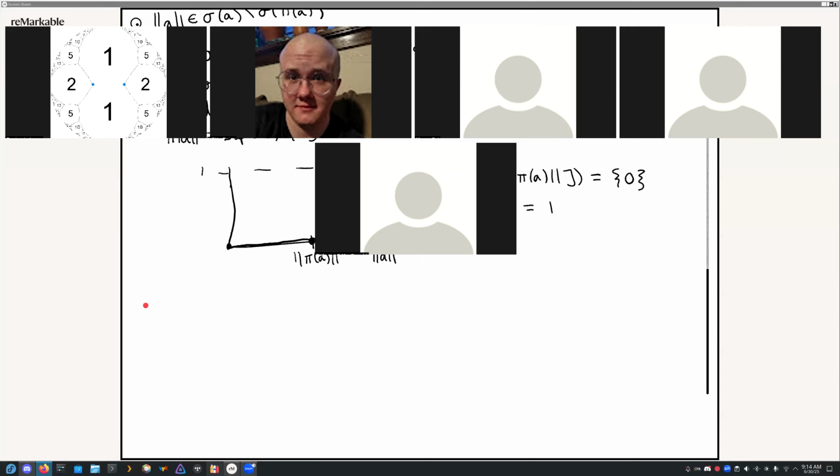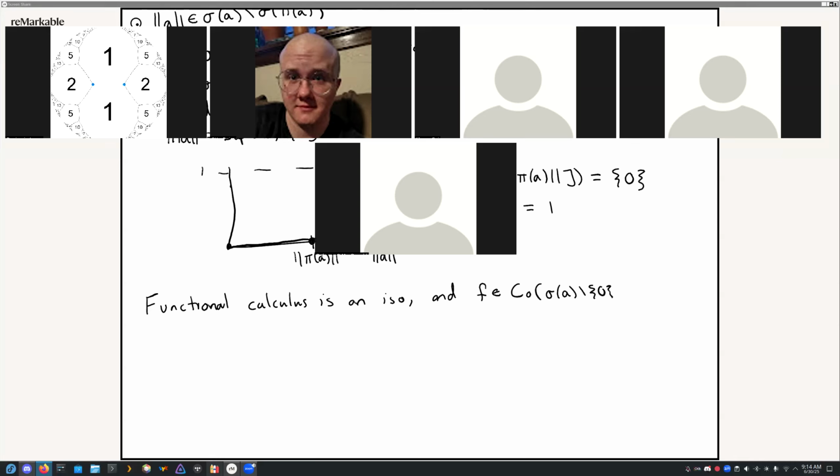Then functional calculus is an isomorphism. And f, as an element of C0 of the spectrum of A minus 0, is non-zero.